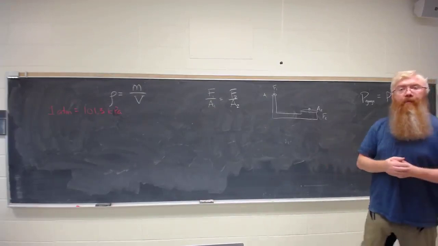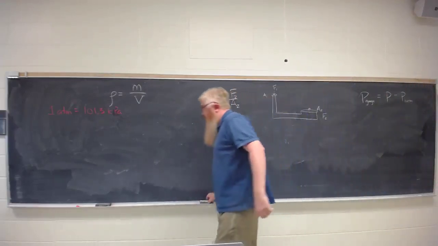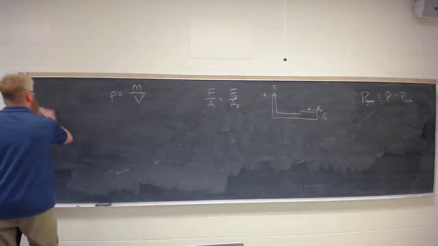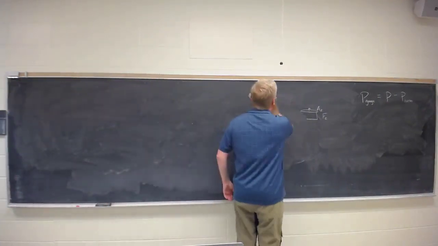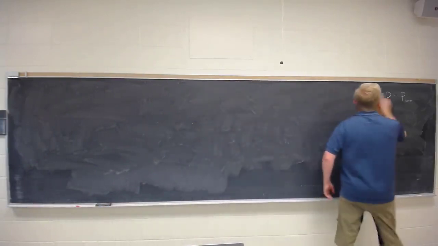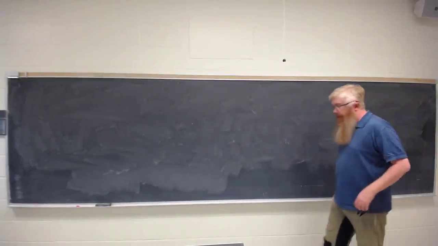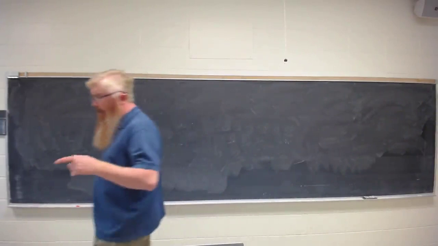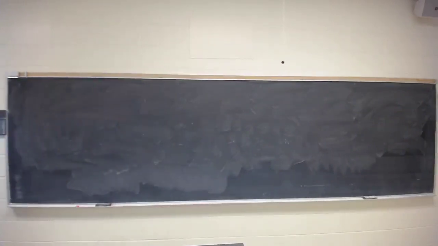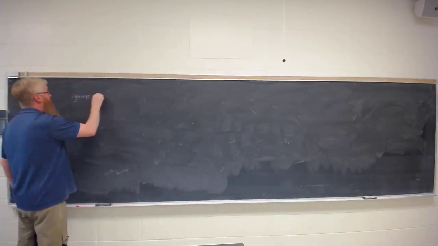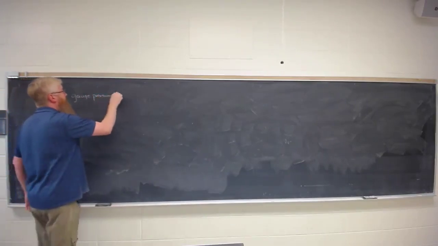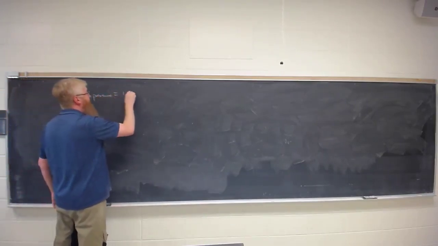Would it be possible to do an example, because it's hard to just conceptualize it as we're talking about it? Sure. There was actually a test example or homework example very recently, I think it was due on Wednesday, where the gauge pressure was, let's say, 1.5 atmospheres.